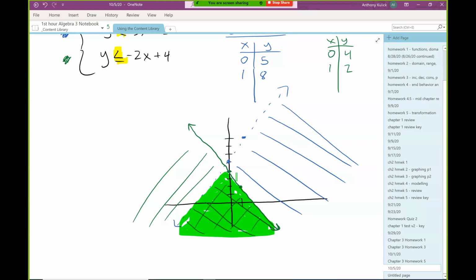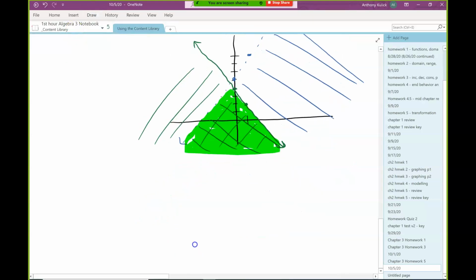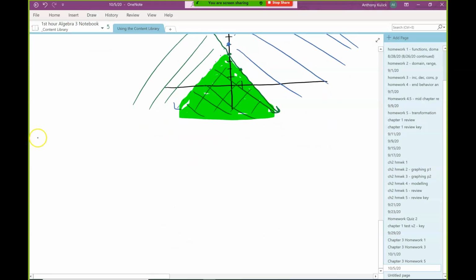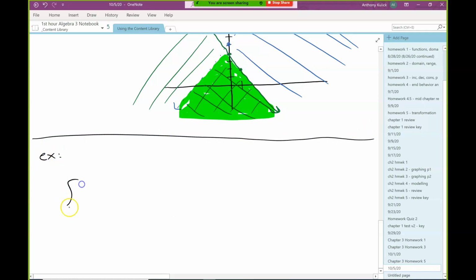Or you can shade both regions as long as it's easy to tell what the overlap is. Is that okay? That's the whole problem. Not bad, right? Should be fairly easy. Can this get any harder? I mean, not really, but it could get trickier. So how could we make this trickier?